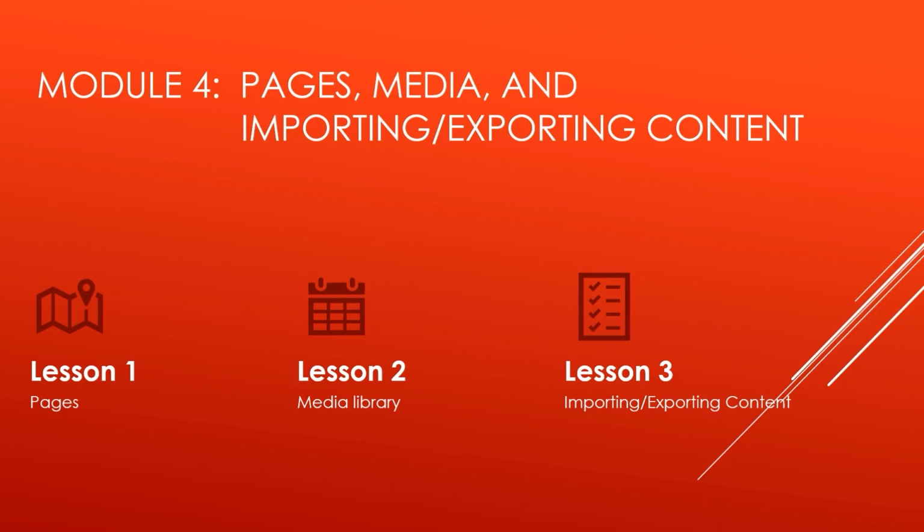In Module 4, we started by adding a new page with links on it to our site. And we went over some of the other page options while we were doing that. We spent most of our time in this module working on the media library.